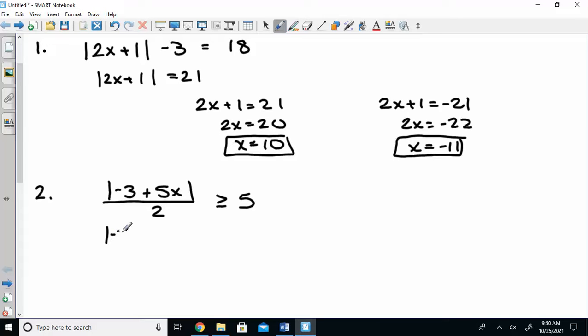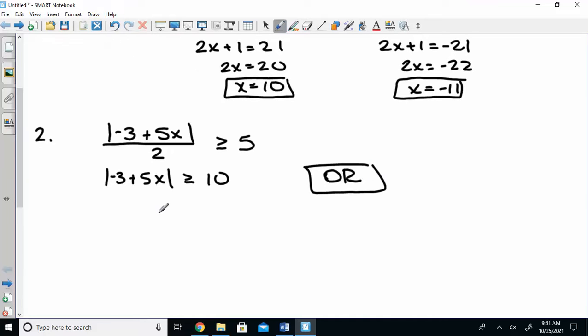So you'd have to multiply by 2. And then we had to ask ourselves, is this an and or an or statement? Or. Great, or is an or. So when we have an or, we are expecting 2 different answers. How we set this up, the first one we just drop the absolute value. With the second one, we drop the absolute value, flip the sign, and made it a negative.